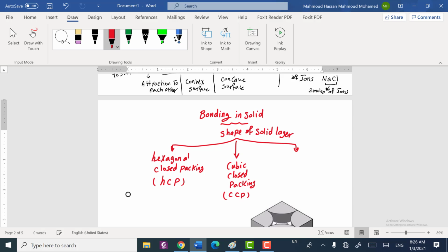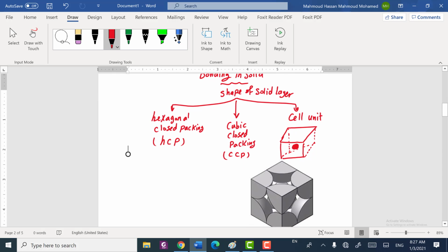Maybe you will find the third type, it's called the unit cell. The unit cell means the crystals which have the cubic shape. The crystal is found in this center. It's called the unit cell, and we are going to talk about it in detail, inshallah.